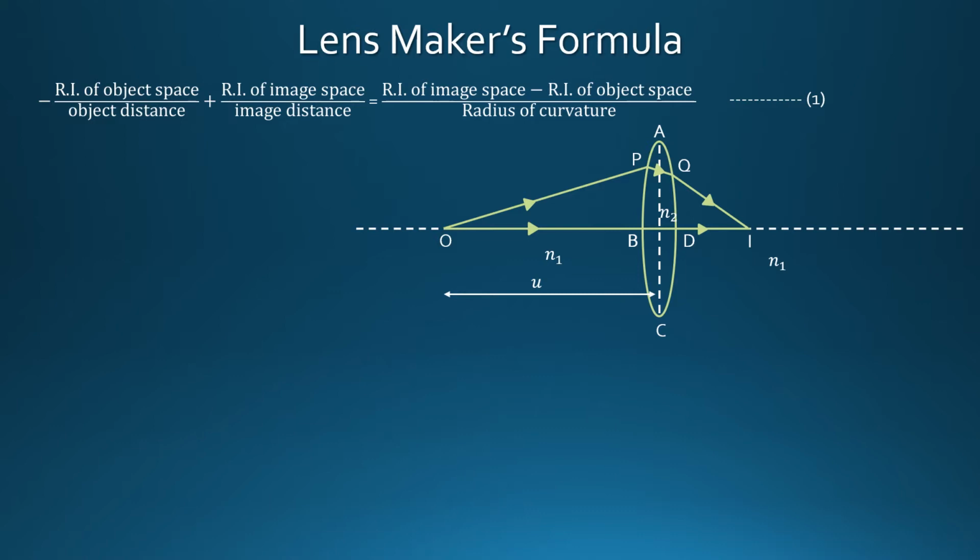Now, let us consider the refraction at the surface ABC in the diagram. In the absence of the second surface ADC, the refracted ray forms a real image I' at a distance v'. So from refraction at this surface, we can write, from the single spherical surface equation, minus n1 by u plus n2 by v' is equal to n2 minus n1 by r1.